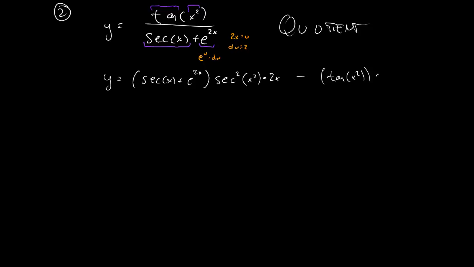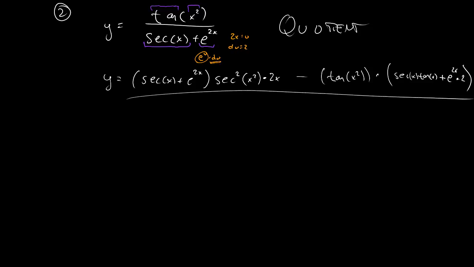So I have derivative of secant is, anybody? Secant tangent plus e to the 2x times 2, because the e to the u is my first, and then I multiply by my derivative of my exponent. So all of this is all over secant x plus e to the 2x squared.